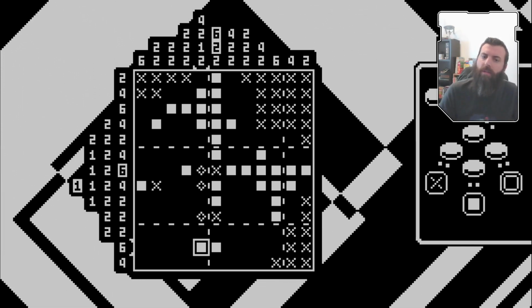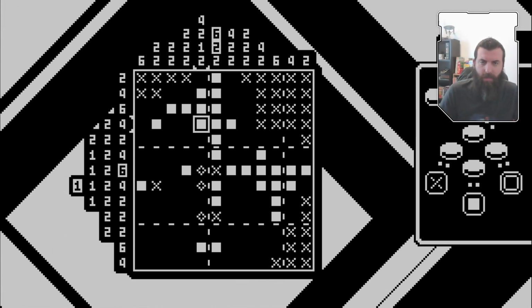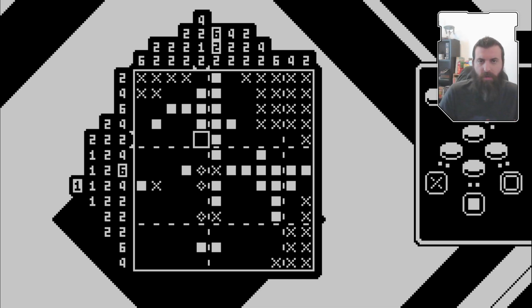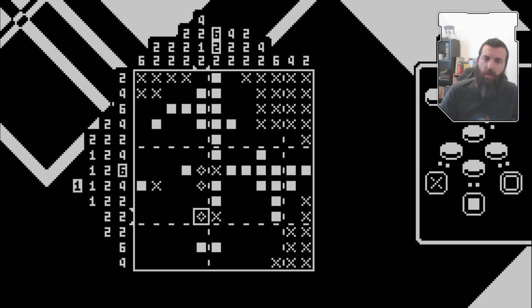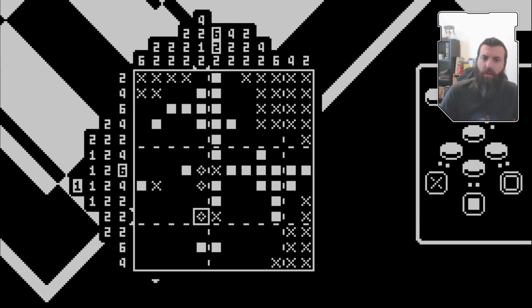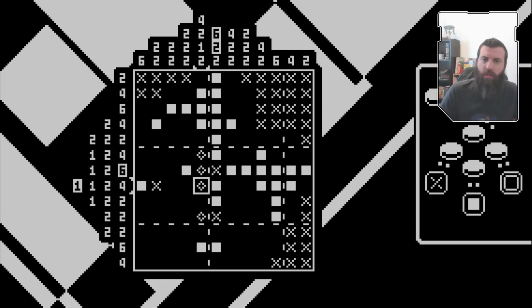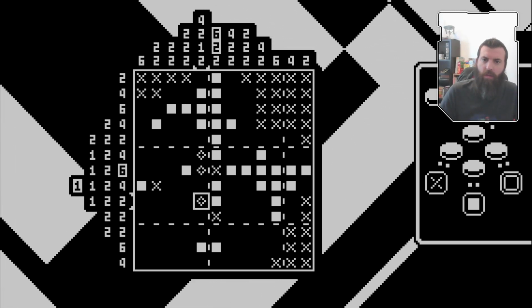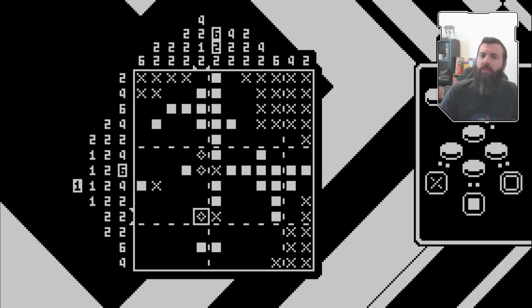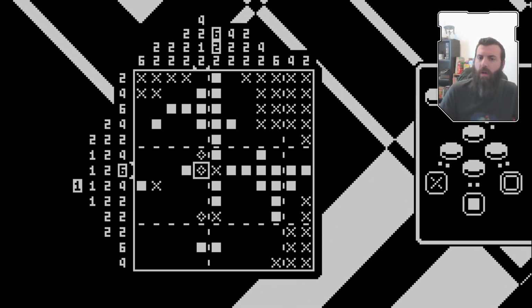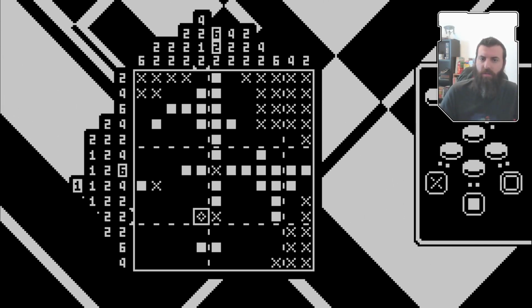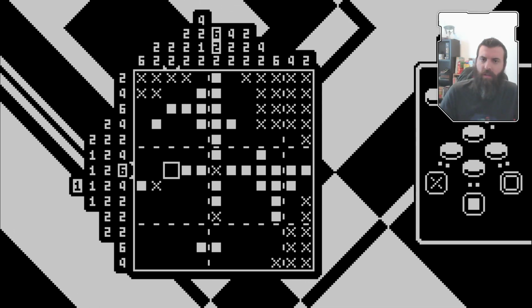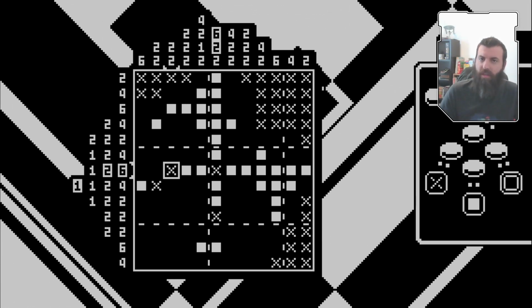Okay, this has to be part of the 2, and this has to be part of the 4 for this column, which means that we need a 2 and a 1. It could be arranged like this, or it could be arranged like this. No matter what, though, this pixel has to be. That's tremendously useful, because that then tells us this has to be X'd.